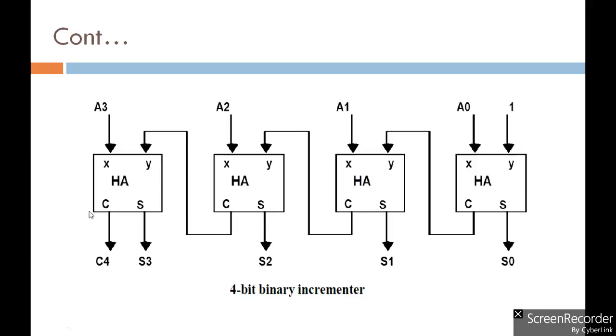And so at the end we will get S0, S1, S2 and S3 bits and carry output C4. So this is the way the 4-bit binary incrementer works.